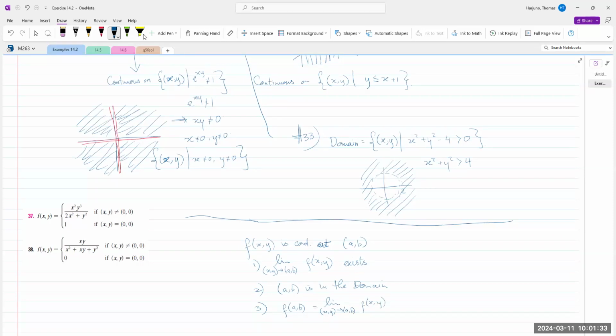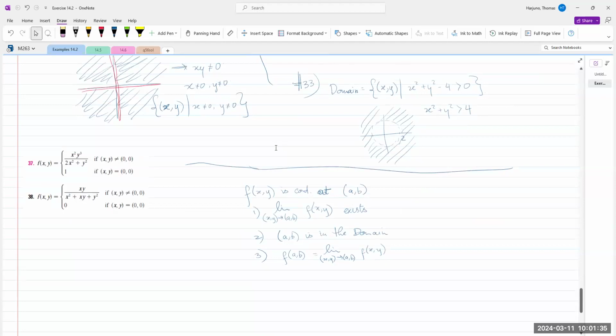For number 37 and 38, the way I show the work to see if it is continuous at (0,0) is basically as follows.